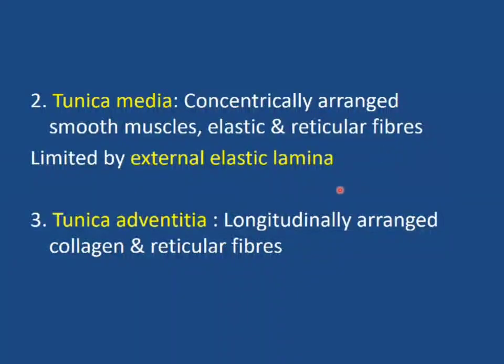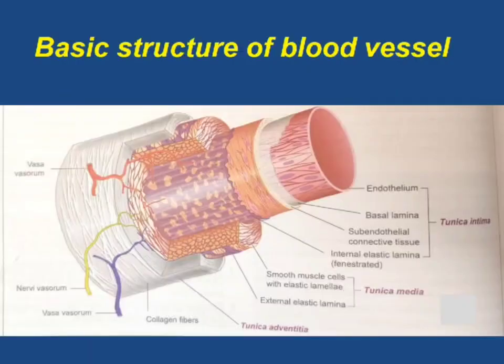This layer is limited outside by the external elastic lamina, which is again made up of elastic fibers, and it is fenestrated. The outer layer is the tunica adventitia, which contains mainly the longitudinally arranged collagen fibers with few reticular fibers.